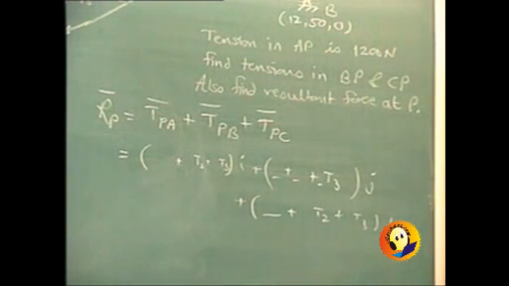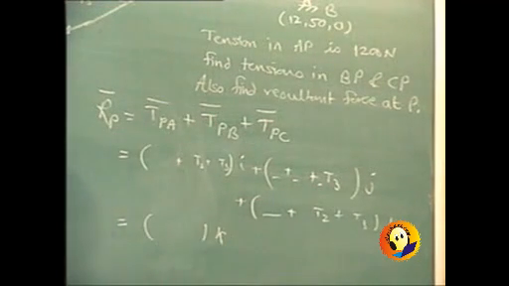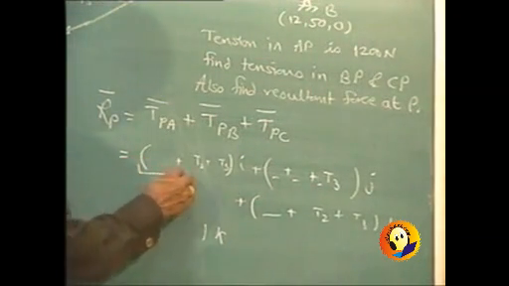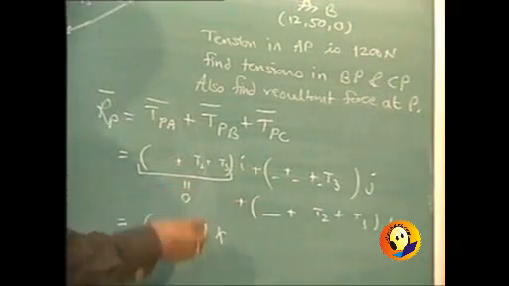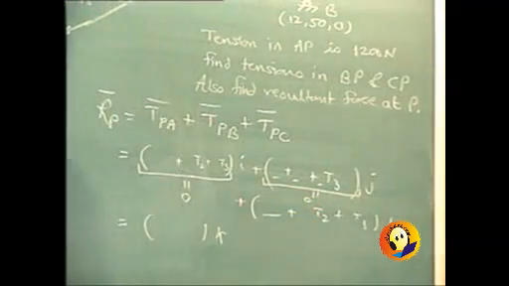But remember that we have already said that this is going to have only the k component. That means this first coefficient should be equated to 0. The second coefficient of J should also be equated to 0.